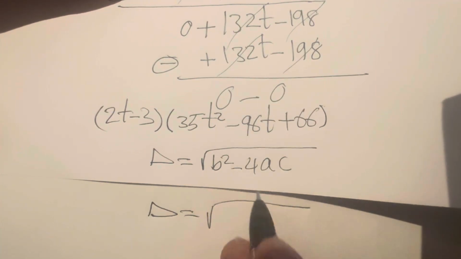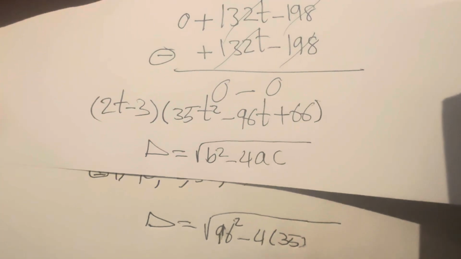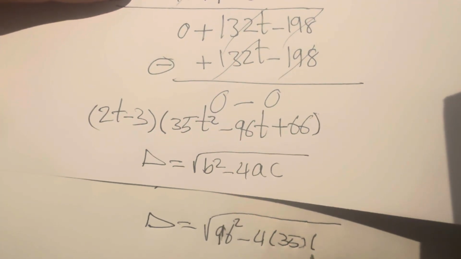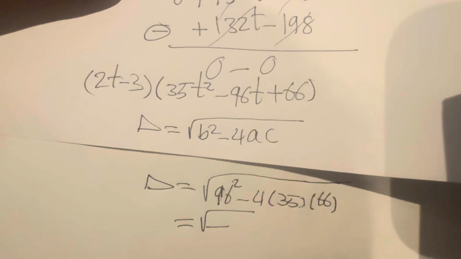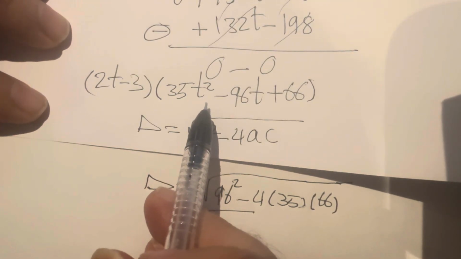b is 96 squared minus 4, a equals 35, c equals 66. So if you work out, we get a negative determinant, which makes this quadratic have complex roots.